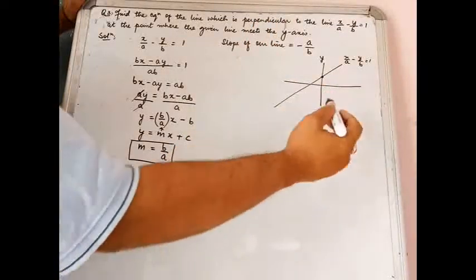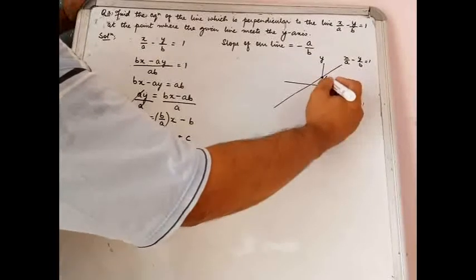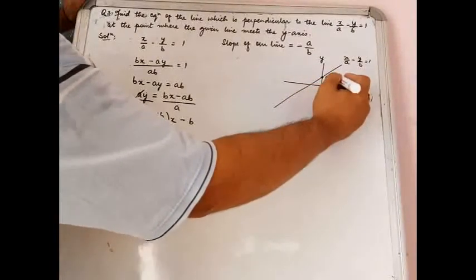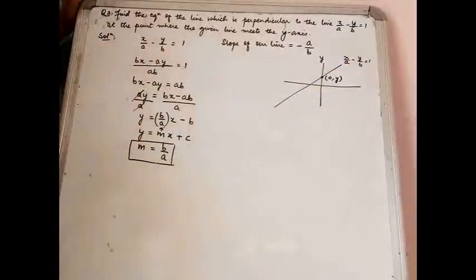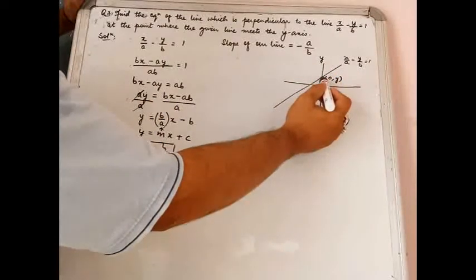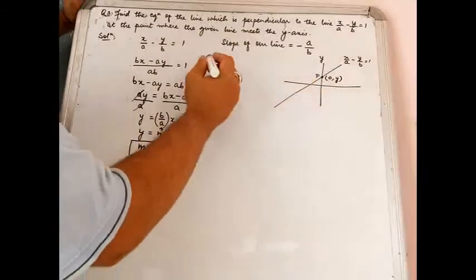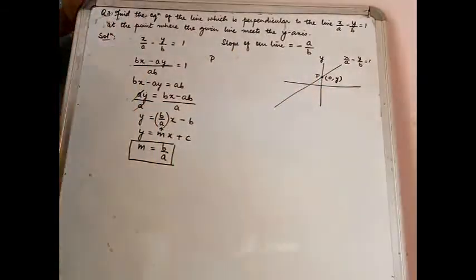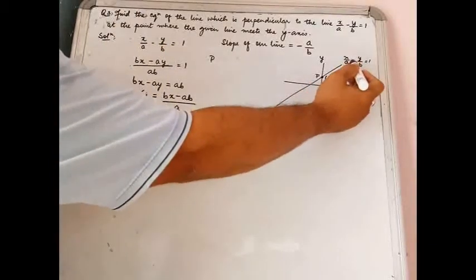What is the special thing about any point lying on the y-axis? Its x part will be 0, and the y part will be there. So now if we want to get this particular point, suppose this point is P, for getting point P, what we will do is put these coordinates in the equation.